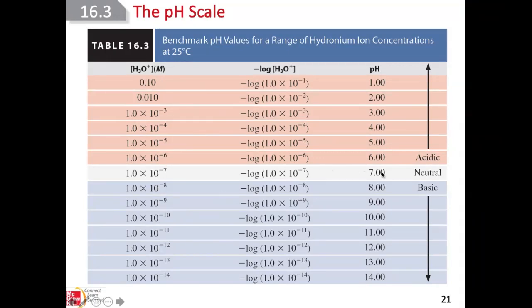As you can see here, neutral is 7 at 25 degrees Celsius. Less than 7, your solution is acidic. Greater than 7, the solution is basic. In an acidic solution, you have a bigger concentration of hydronium ion, a lot of hydronium ion. In a basic solution, the concentration of hydronium ion is really small, getting smaller.